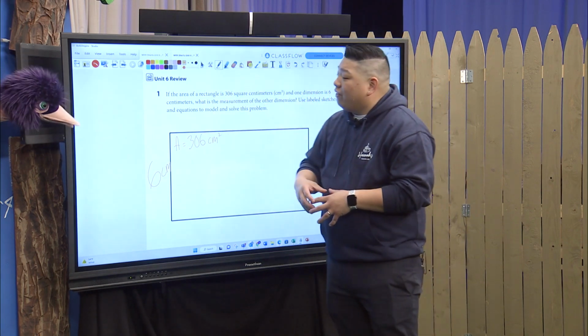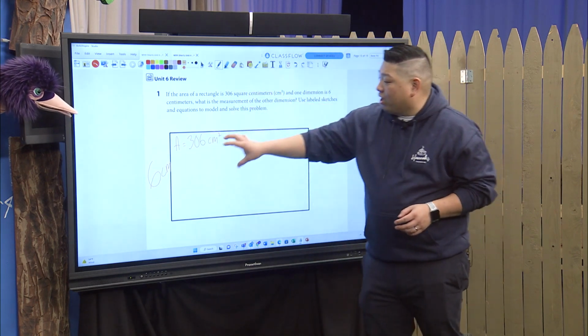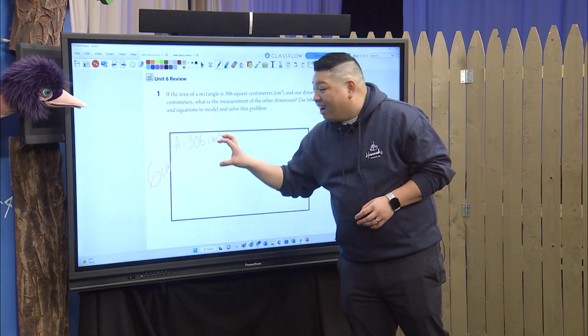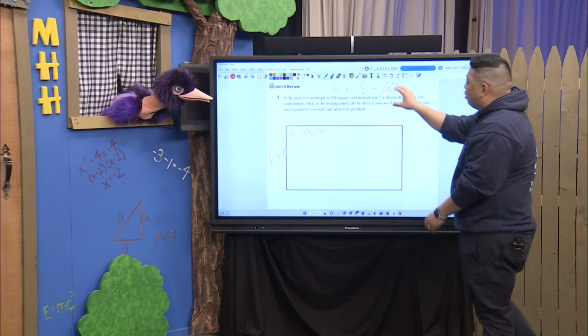In order to figure out the area of a rectangle, it's the length times the width. But we have the area and we have one side, so we're missing the other side. So essentially it would be 6 times question mark equals 306. So we have to figure out what we're multiplying by in order to get to 306.